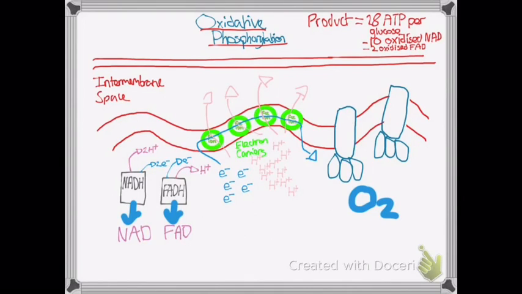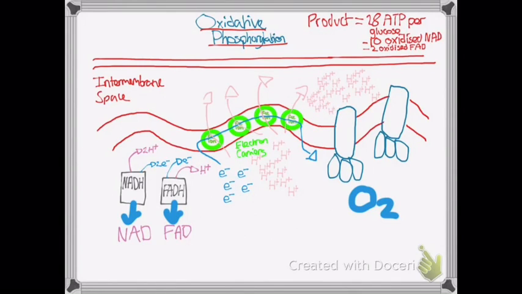So now we have hydrogens accumulating in the intermembrane space. Okay, we get a lot of hydrogens accumulating here, which is not too helpful for anyone.